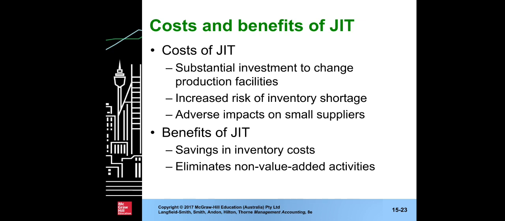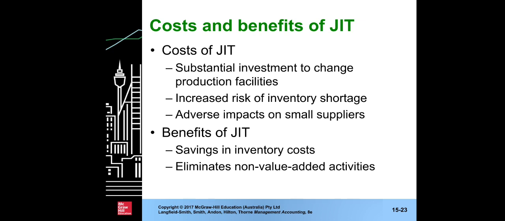So if you use a JIT system, most of the time you have to deal with big suppliers. So small suppliers will not get business from your organization. Only big suppliers can supply material quickly, and big suppliers also have more ability to check and maintain the quality of the inventories. But there are several benefits of just-in-time.